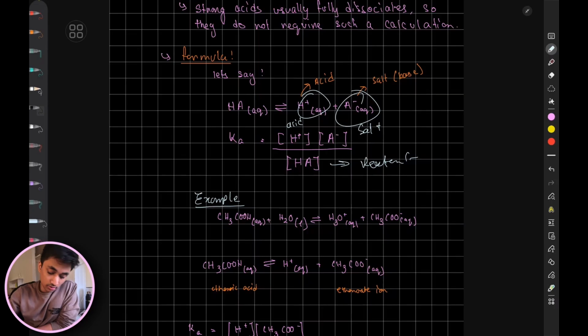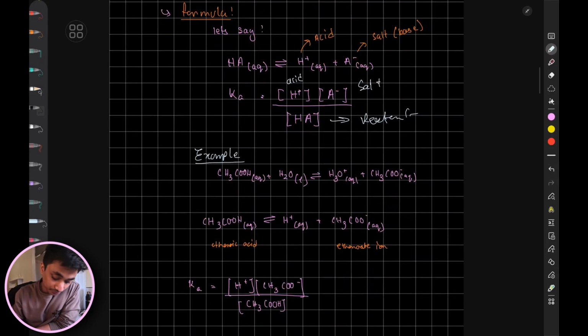And the concentration of H plus and the salt is exactly equal, because however much of HA broke down, the same amount of H plus got dissociated as compared to the salt, or A minus. If 1 mole of HA dissociates, then 1 mole of H plus is there, and 1 mole of A minus is there. Simple.